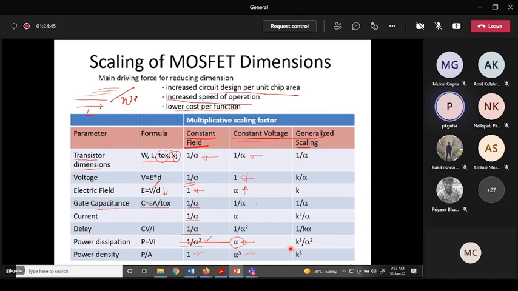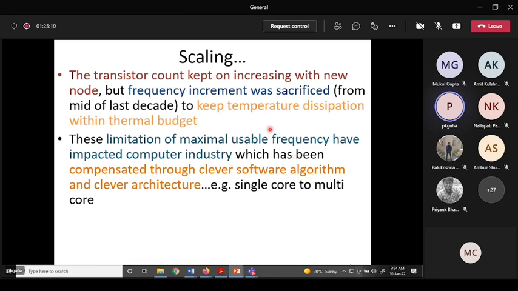In other words, as you cram more and more devices, the chip will heat up and more and more heat will be generated. So people accommodated more devices but didn't increase the clock frequency at the same rate, so that they keep the temperature dissipation within a certain thermal budget. So that is one aspect.